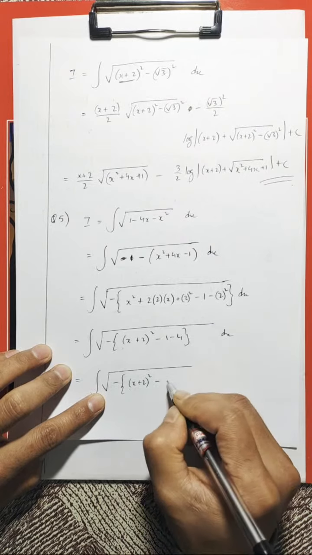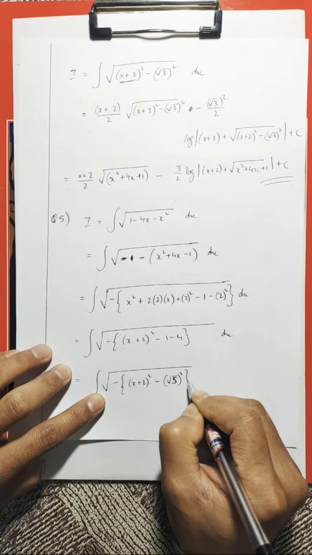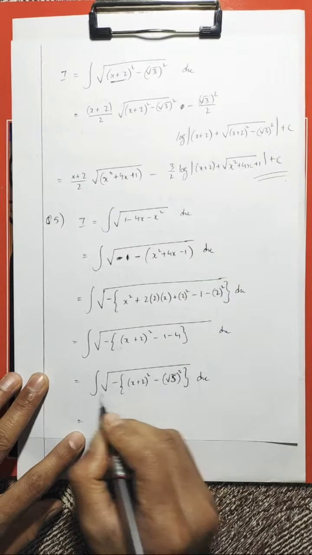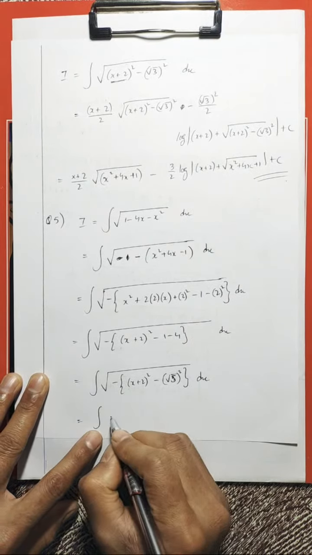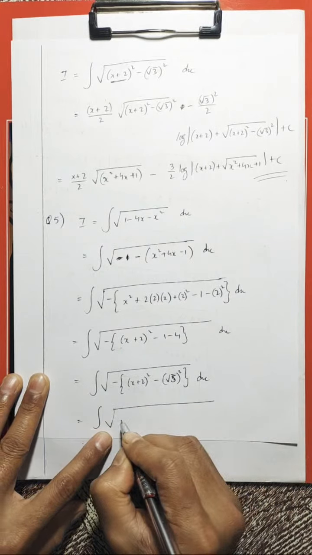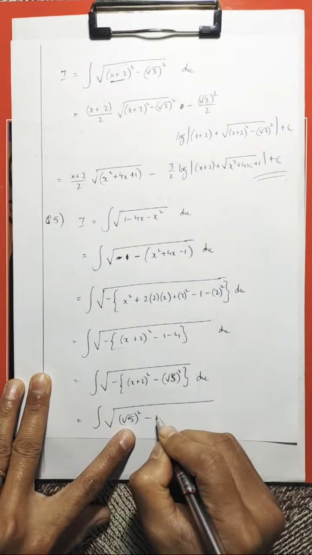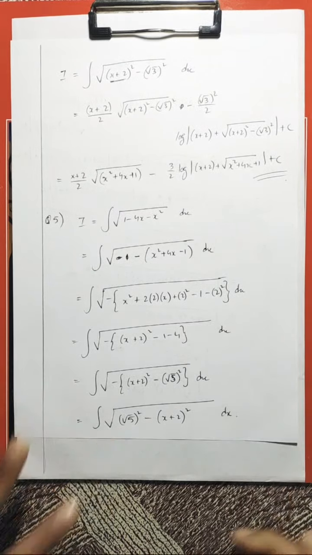This is minus 5, so minus 5 I can write it as root 5 whole square. So this now negative value I can remove, so that is this root over of minus minus plus, so this can be rewritten or rearranged as root 5 whole square minus x plus 2 whole square with respect to x.